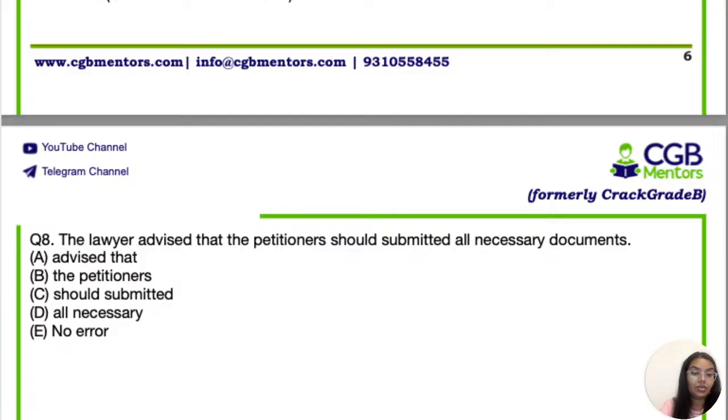Okay, so the answer to 8th one is C again. The lawyer advised that the petitioners should submit.